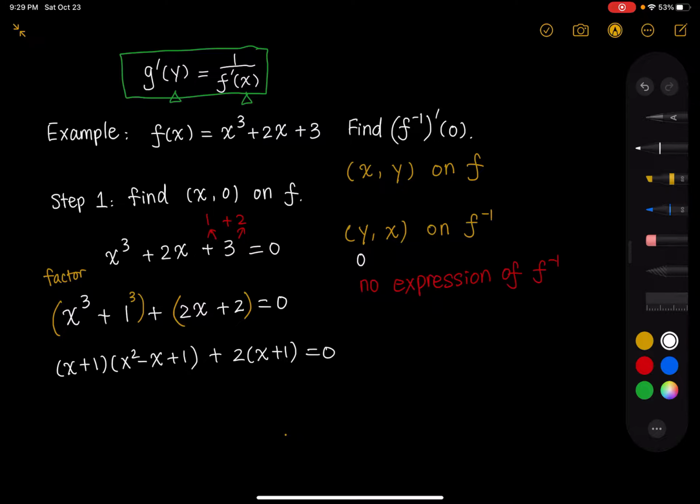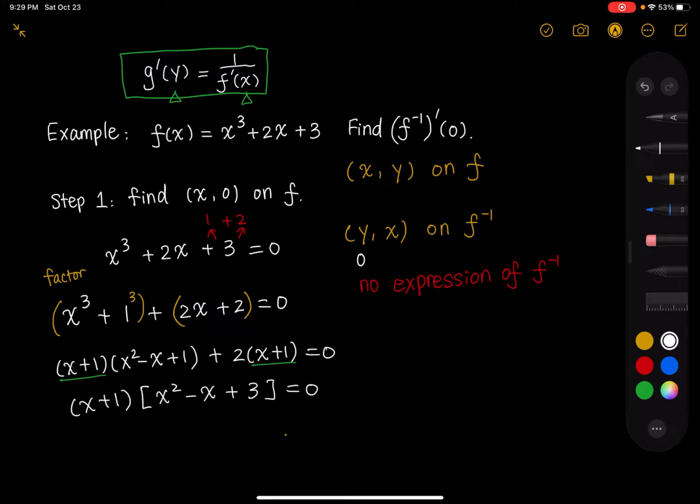Okay, now I look at this again, see what I have. I have a common factor of x plus 1. So I do x plus 1, and then for the rest, it's just x squared minus x plus 1 plus 2, so plus 3 equals 0.